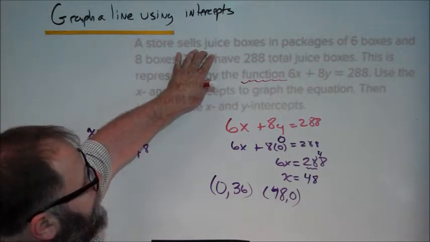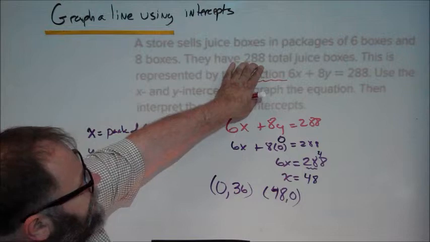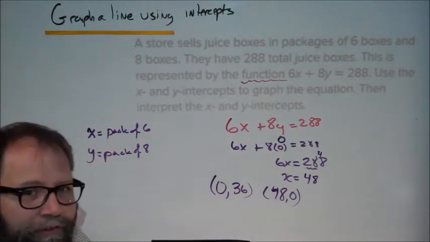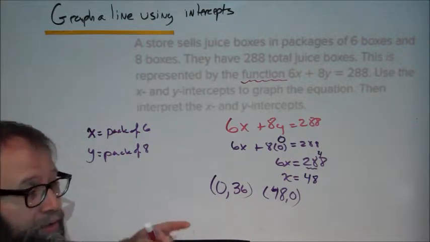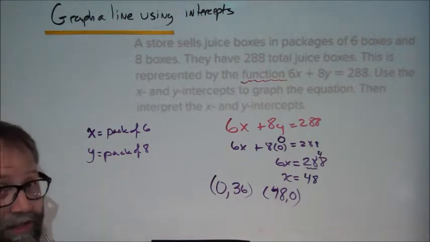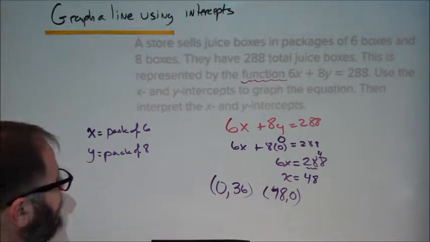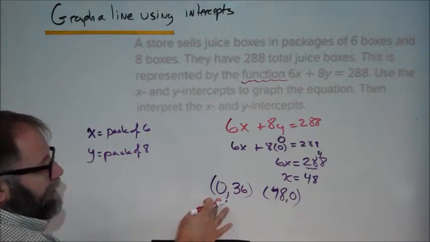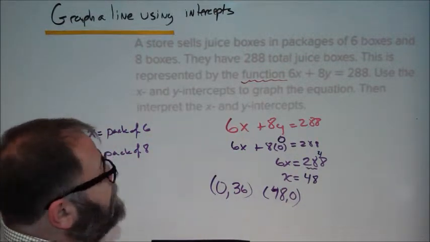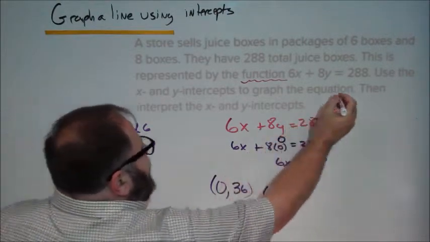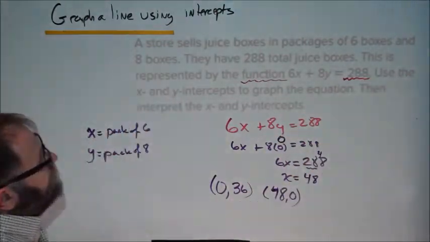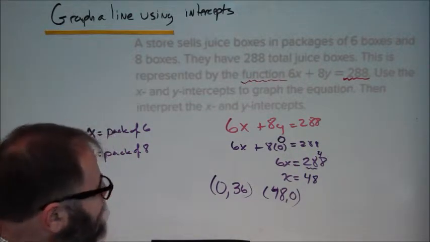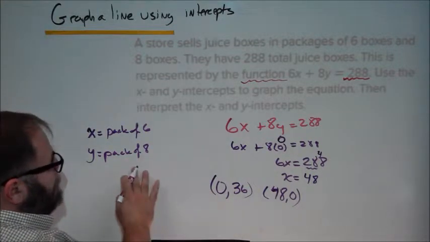The store sells juice in packages of 6 boxes and 8 boxes, 288 juice boxes. All right, interpret what the graph means. All right, so what the graph is telling us is, and I'm going to look back to what I made previously to keep things on track for me. So if X is a package of 6, if I sell no packages of 6, for me to have 288 juice boxes, I need 36 8-packs.